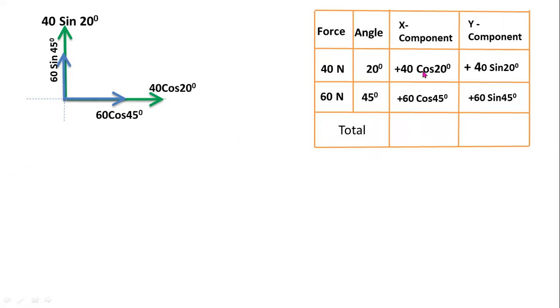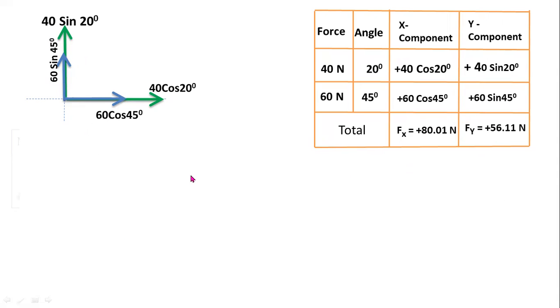Now by adding these two equations, you can get the value of summation Fx, sum of all horizontal forces. Okay, these are the two horizontal forces. By adding these two forces, you can get the value of Fx. Now in a similar way, by adding these two vertical forces, you can get the value of Fy, that is the sum of all vertical forces along the y-axis.